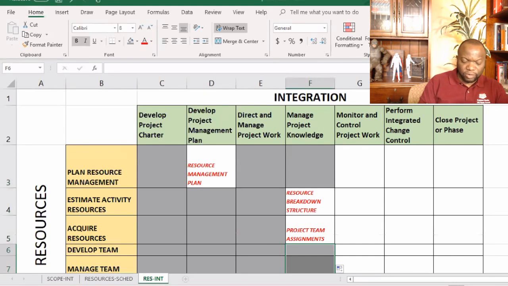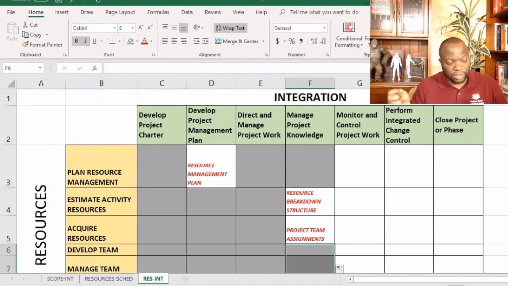Assumption log, we've got BOE again. So let's find out which BOE is being spoken about here in monitor and control project work. Taking a look at BOEs, it says, described in sections 6.4.3.2 and 7.2.3.2, BOEs indicate how the various estimates were derived and can be used to make a decision on how to respond to variances.